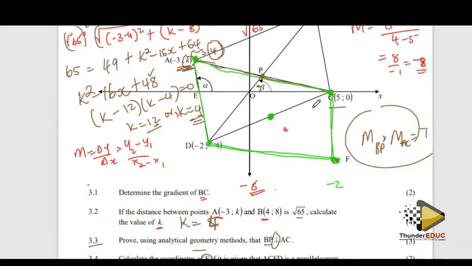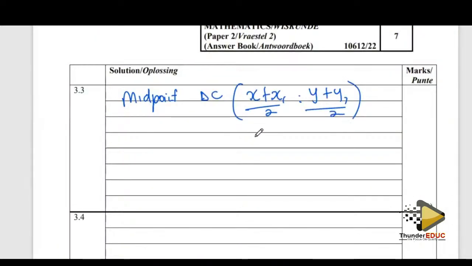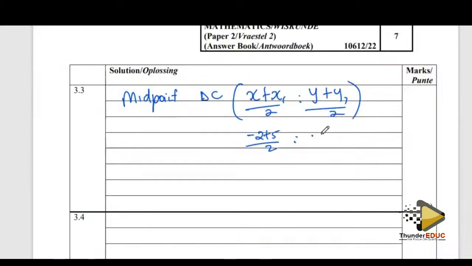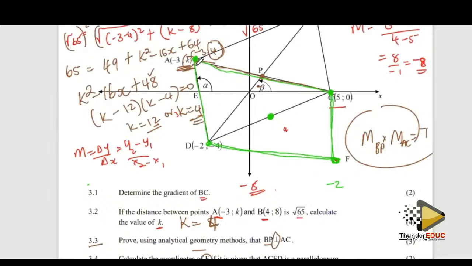Okay, so we see -2 and 5, -4 and 0. -2 plus 5 over 2, and then -4 plus 0 over 2. Okay, so when we simplify this, we have a 3 over 2, and then we have a -1. That is our midpoint.